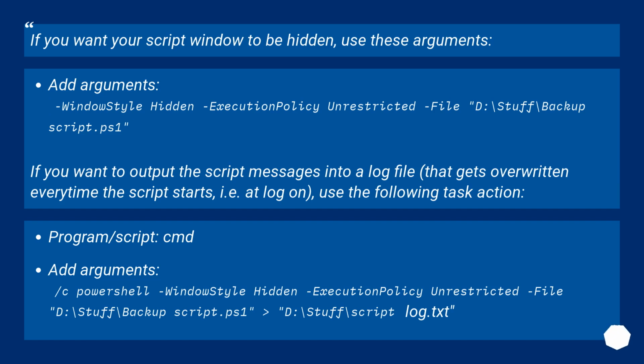Program/script, cmd. Add arguments: /c PowerShell -windowstyle hidden -executionpolicy unrestricted -file d:\stuff\backup script.ps1 > d:\stuff\script log.txt.